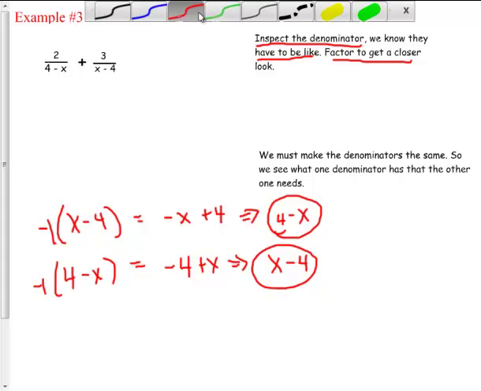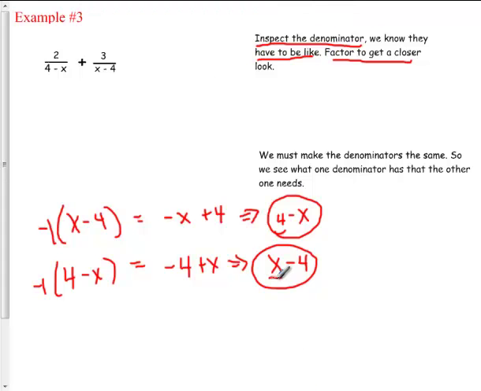I can multiply either one of those by a negative 1. And I don't know why, but I like my x's to always lead the way. I hate having a number lead the way. There's absolutely nothing mathematically wrong with that. It's just a matter of opinion. So I'm going to take this first fraction right here and multiply top and bottom by a negative 1. Negative 2 plus 3 over, and we know that 4 minus x multiplied by -1 turns into an x minus 4.